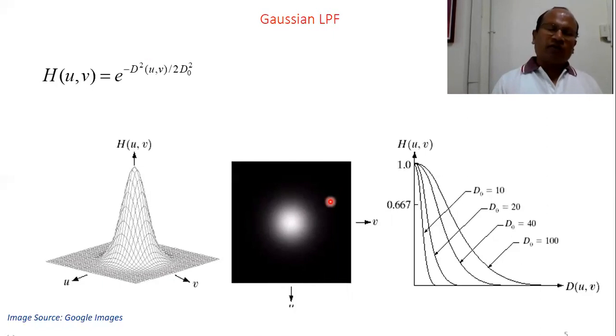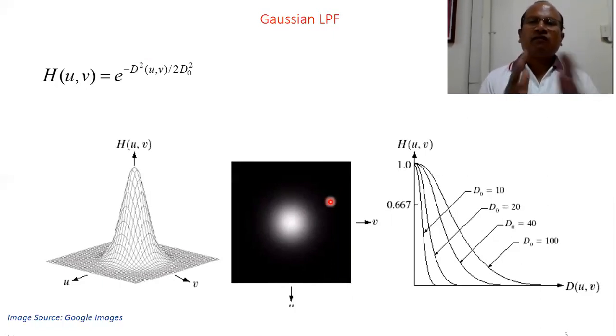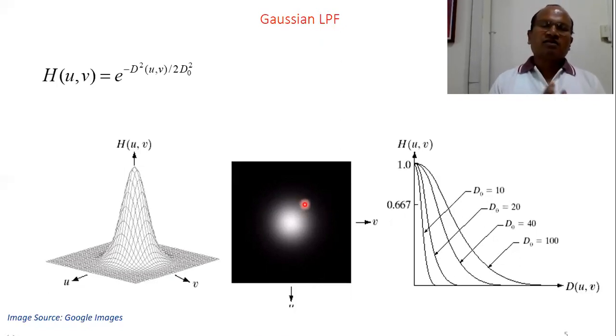As I told you, attenuated, because the clear separation between white color and black color is not there. Slowly the white color is fading. Why? Because there is no sharp cutoff frequency. There is no exact cutoff frequency. So it slowly reduces, therefore there is a roll off.